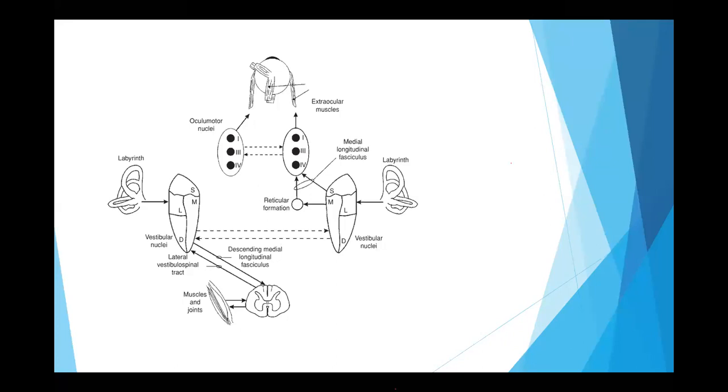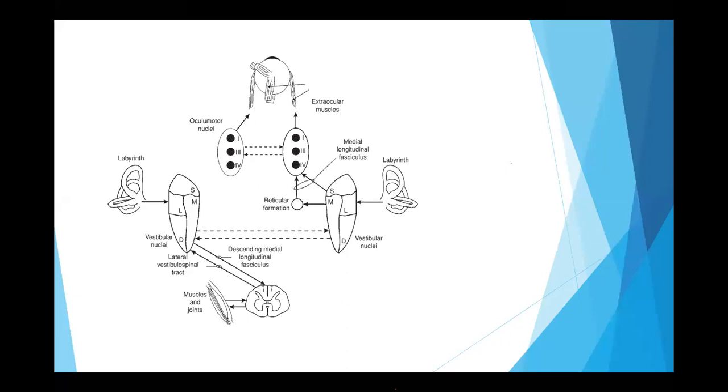Okay, so here it is an efferent information that the oculomotor nuclei is sending to the extraocular muscles. Okay, so when we look at the vision and the vestibular system integration, the simple pathway is labyrinth, vestibular nuclei, from there oculomotor nuclei, then extraocular muscles.